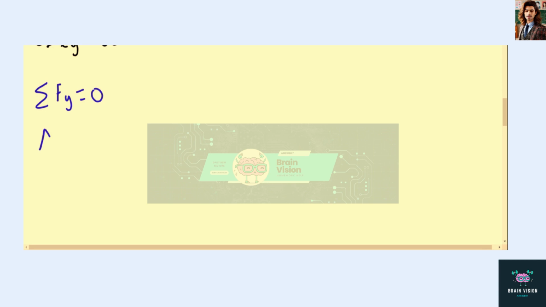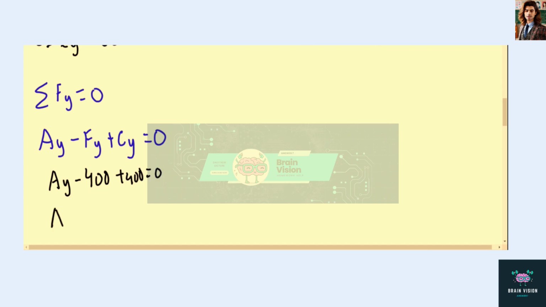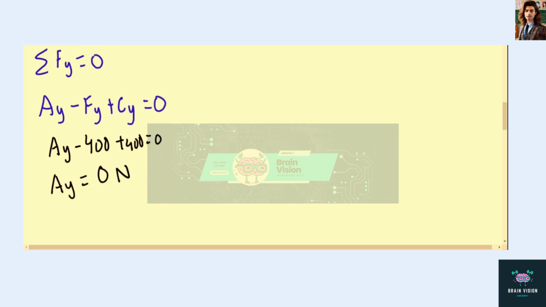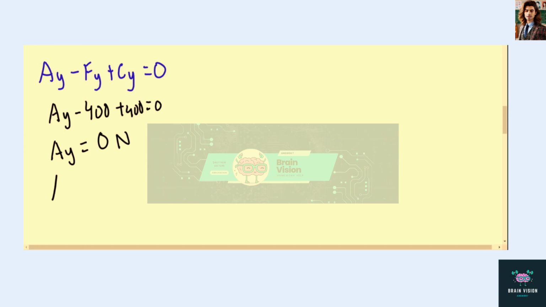And we can write it as a of y minus f of y plus c of y is equal to 0. And we plug in f of y and c of y, and solving for a of y, we'll get a value of 0 newtons. So we conclude that the reaction force at point A is equal to 0 newtons.